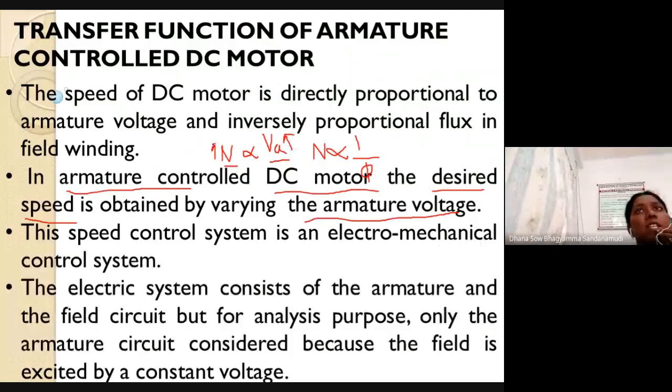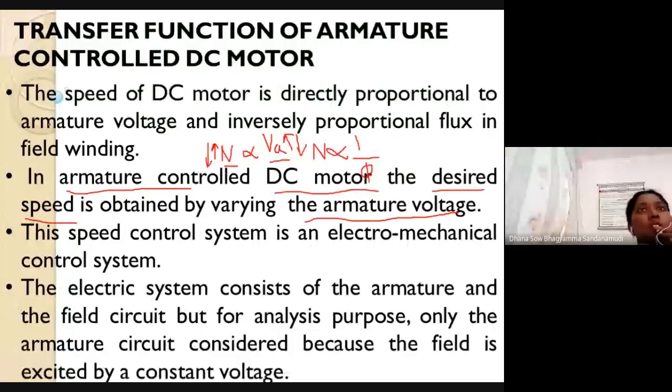If I decrease the armature voltage, speed will also decrease. So I will simply vary the armature voltage so that the desired speed is obtained.